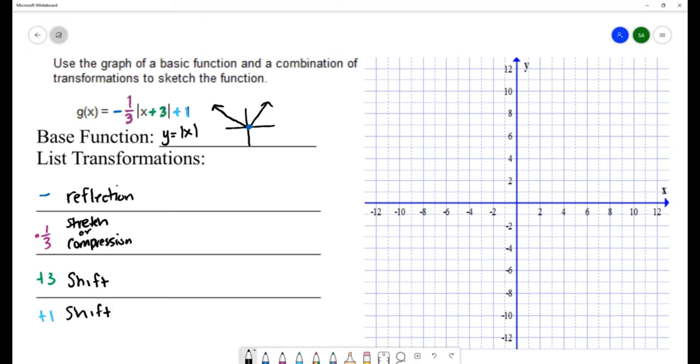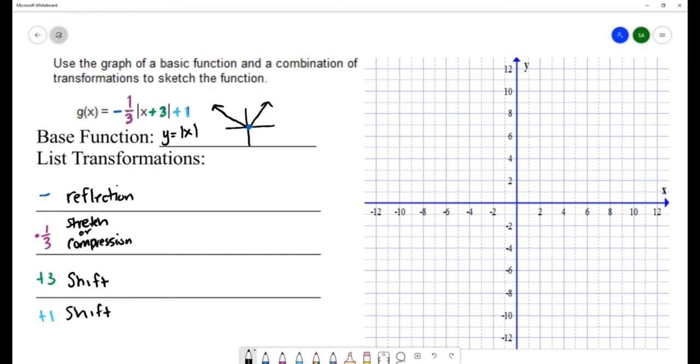Then we want to narrow down what type of reflection, what type of shift, or what type of stretch or compression. All of these transformations can be put into 2 categories, which are either horizontal or vertical. All of the operations inside of the absolute value are horizontal transformations.